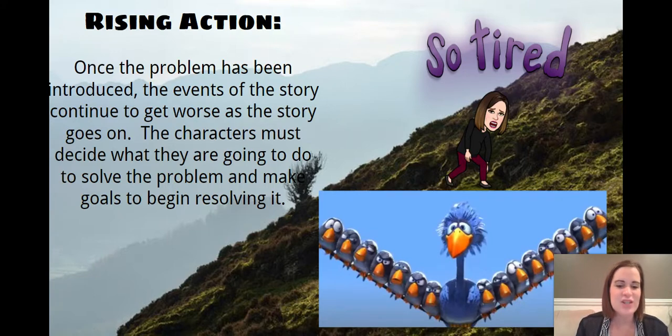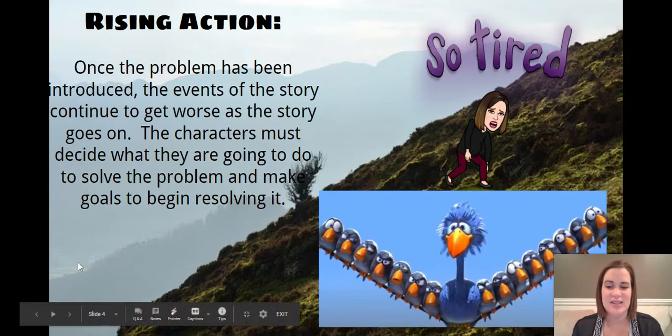So in this Pixar film, you can see that these birds' problem is that now this big giant bird has come and joined them on the electrical line, and they're starting to go down, and they're all smushed up against him, and they don't really like that. So they're starting to think, well, what can we do to get him out of here?